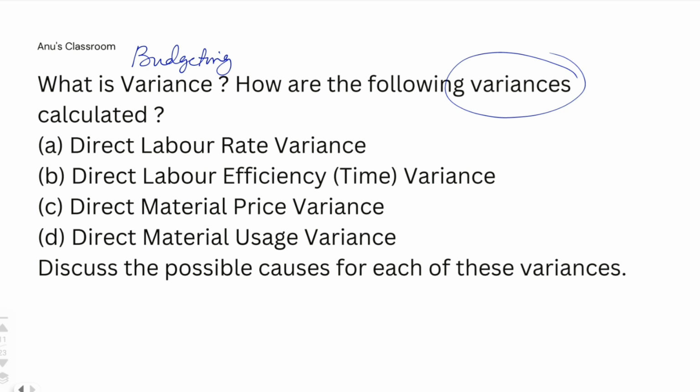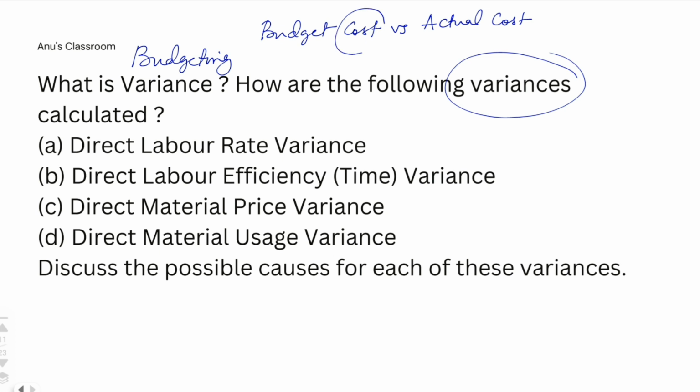It is the difference between the budgeted, or you can say the planned, cost versus the actual cost, or you can say the budgeted value versus the actual value that was incurred.